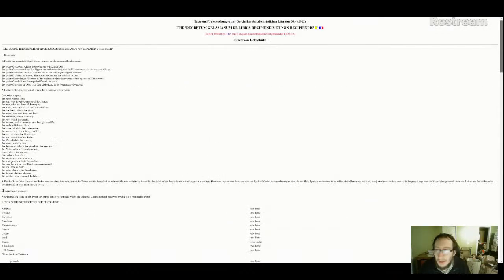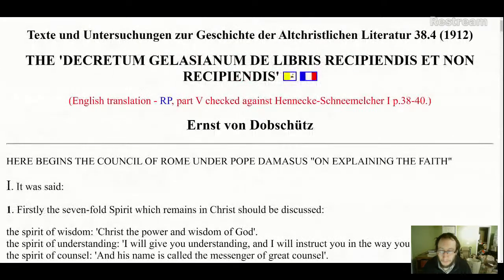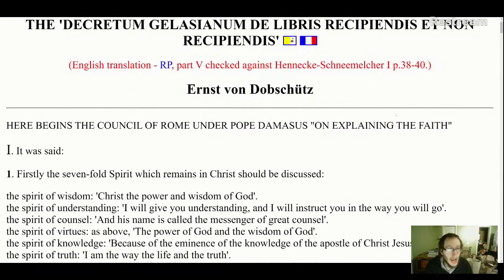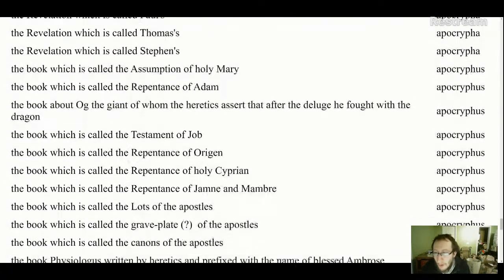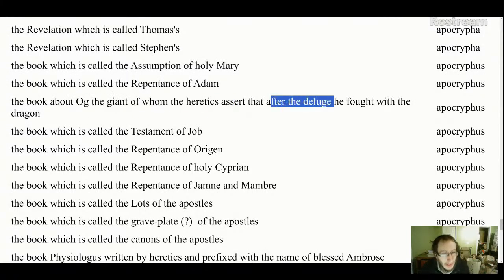So this is from the Gelasius Decree. Let me zoom in a lot. Okay, so: Giants, a book about Og the giant, of whom the heretics assert that after the flood he fought with the dragon, or the Leviathan.